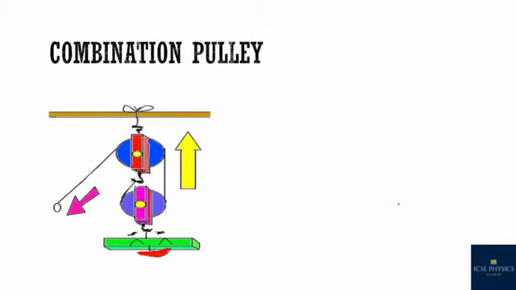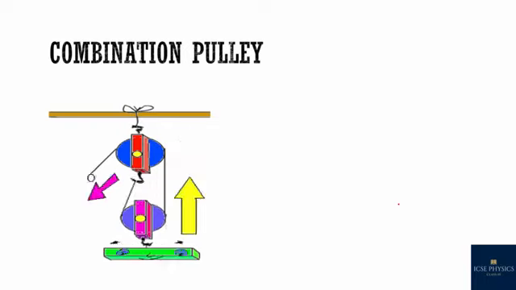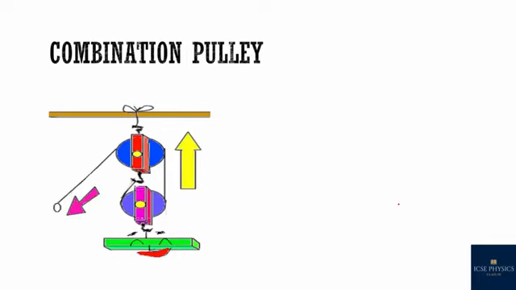Now, combination of pulleys. First of all, why is a combination of pulleys done? In order to lift a heavy load, we require a pulley system of mechanical advantage more than 2. So a single movable pulley is not enough. Therefore, a combination of several pulleys with strong thick string is used.